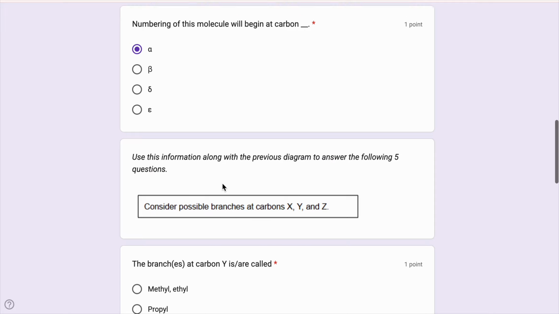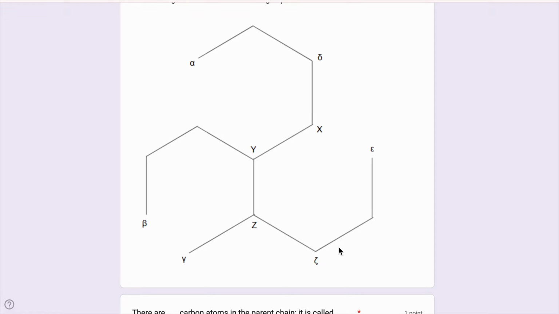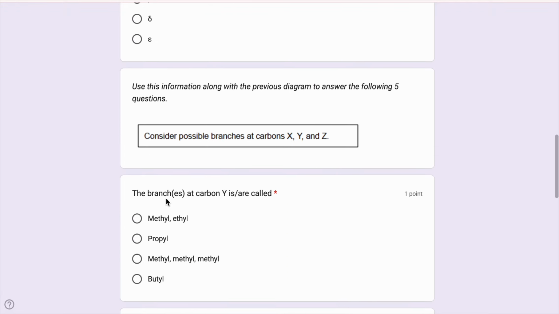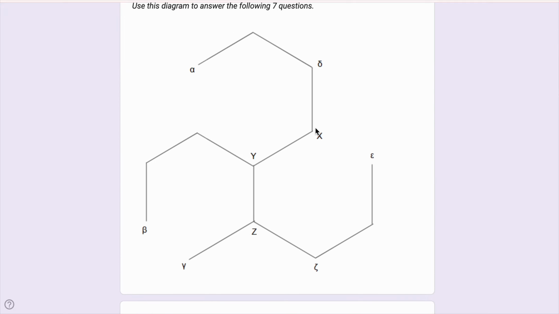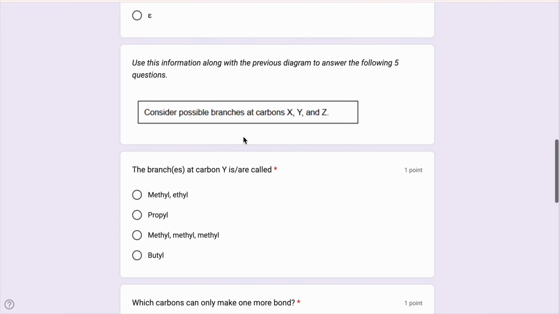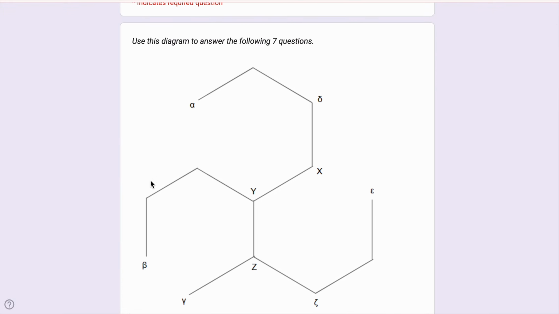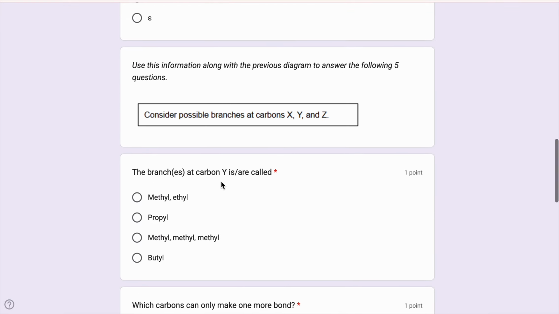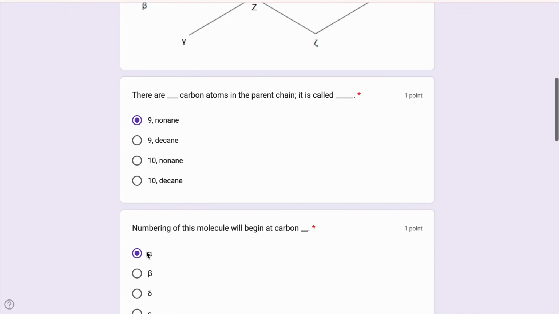Consider possible branches at carbons X, Y, and Z. The branch at carbon Y is called methyl.